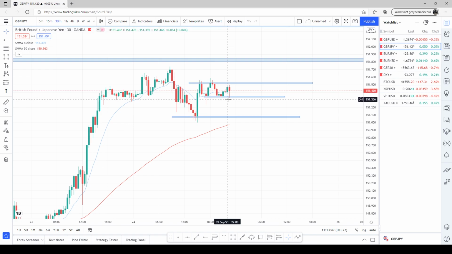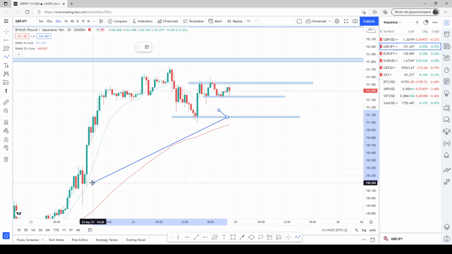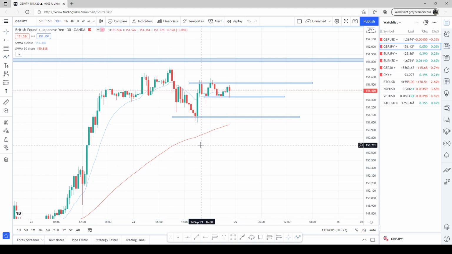If price breaks this zone, we could see price come all the way over here, and we only need a few pips with a very small stop loss. So this would be a safe trade to take to the downside.